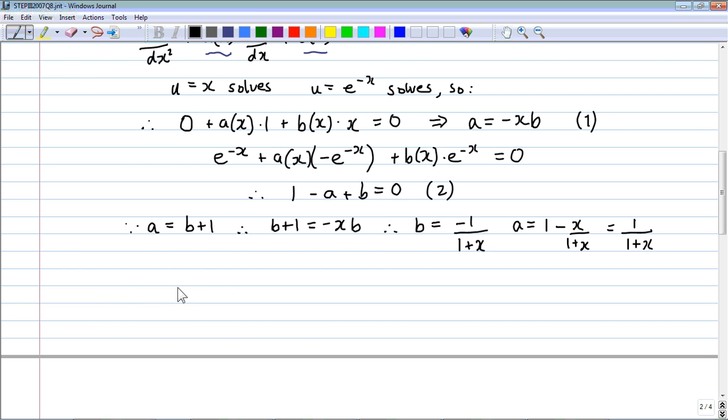So those are the correct formulas for a and b.